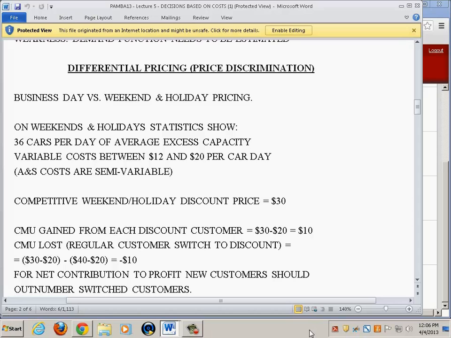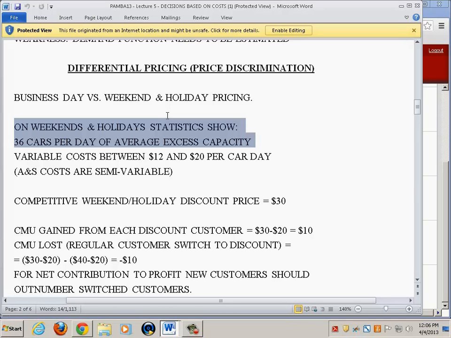So let's assume that on weekends and holidays, statistics show that in your car rental location, 36 cars per weekend or holiday day on average are in excess capacity. That means they're sitting there idle, they're not rented because of the lower demand on weekends and holidays.